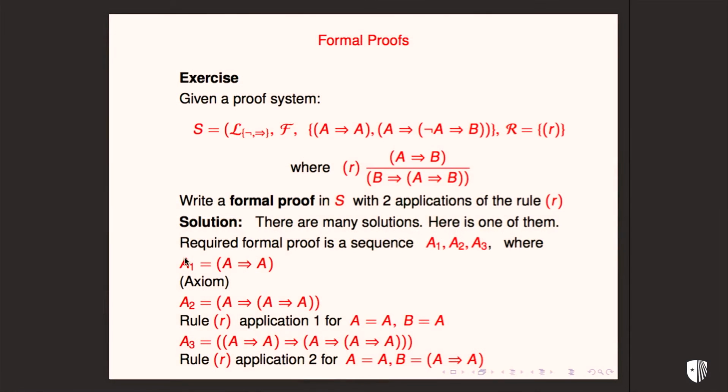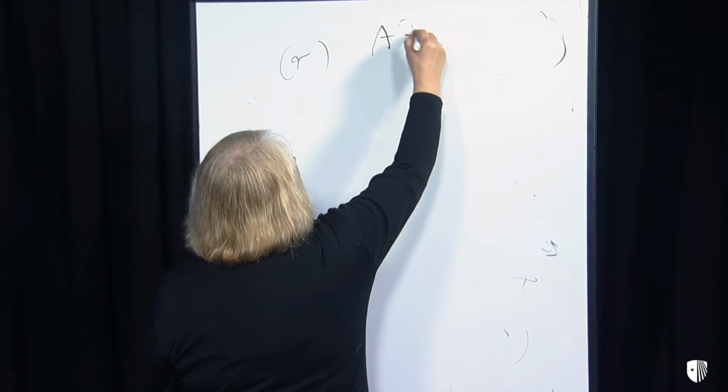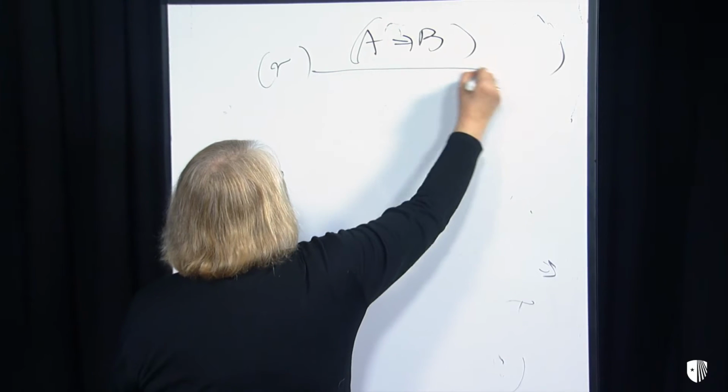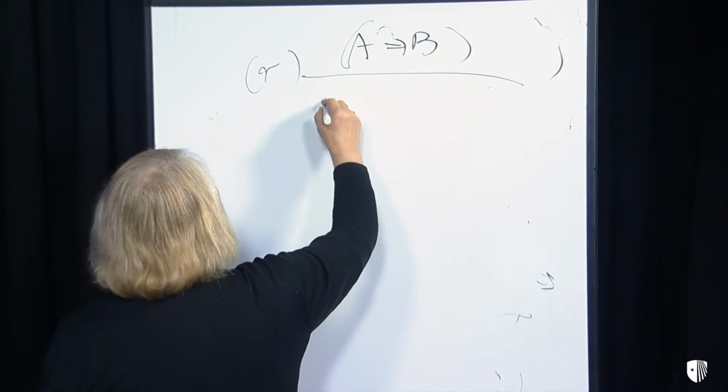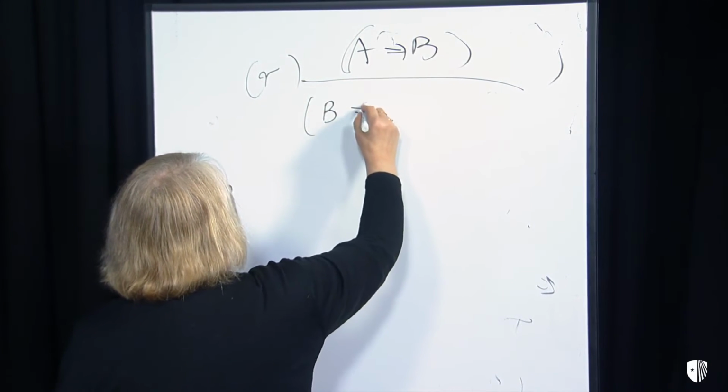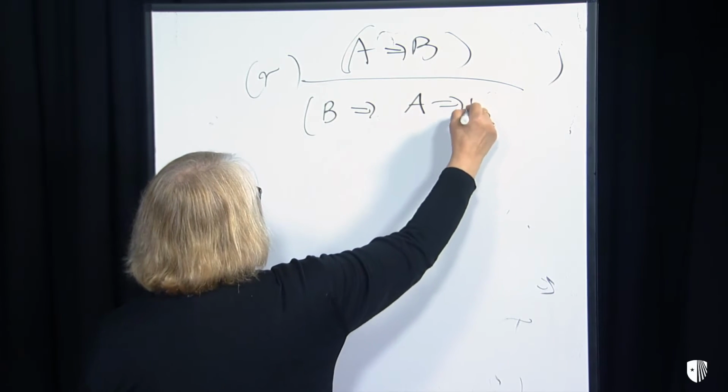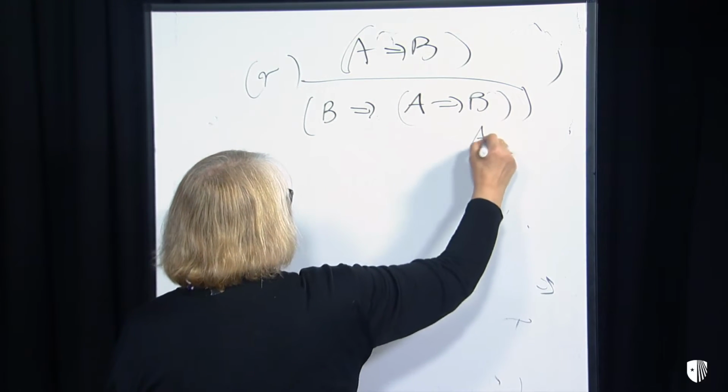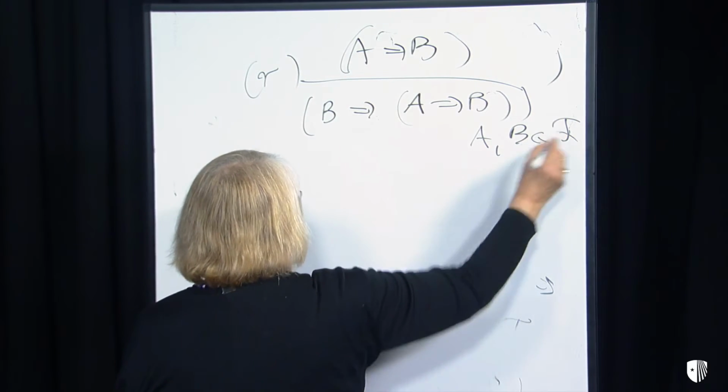And you have one rule of inference, which says, if I have a formula A implies B, I can write a formula B implies A implies B. And again, remember, R is A implies B, and the structure of the rule says that I can apply it, and A, B are any formulas.